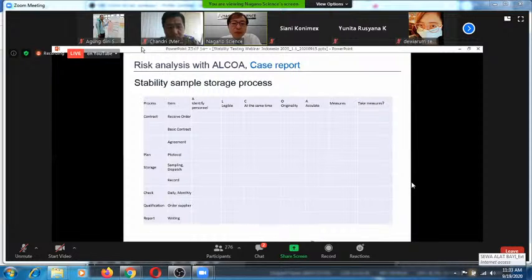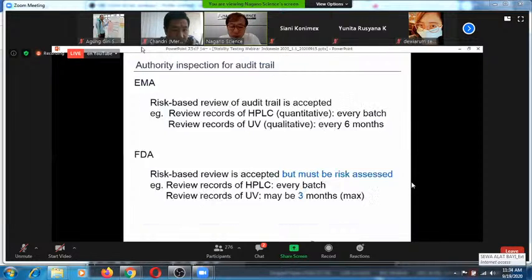So in this case, we have to make sure that the printed-out data is the first and original one, by double check by two people. And also we have to understand the tendency of thinking of the authorities.